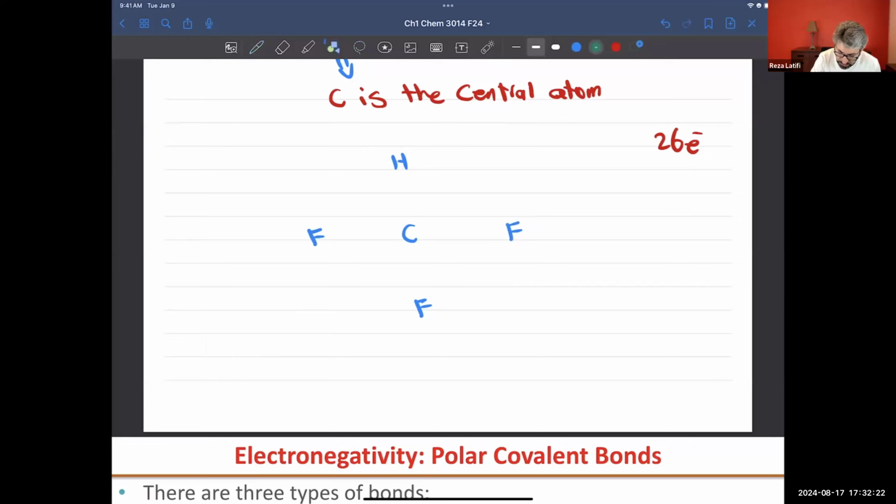That's the first bond, so I'm going to say minus 2 electrons because I made 1 bond. And that bond, we're going to call it sigma. This is the sign for it, sigma. Repeat this for the rest of the elements.